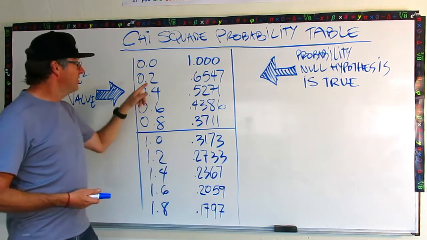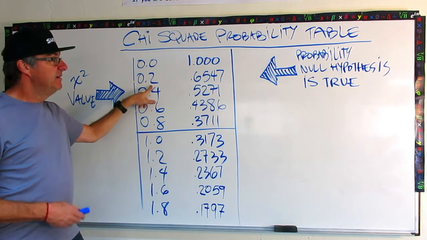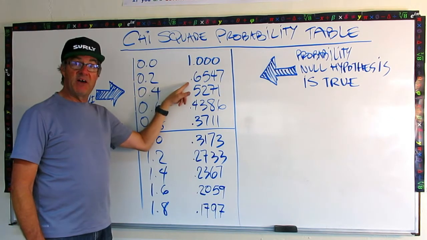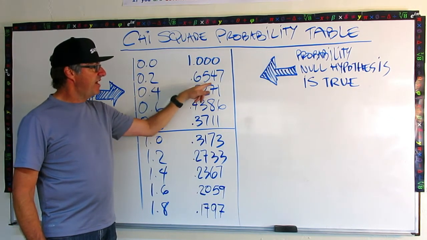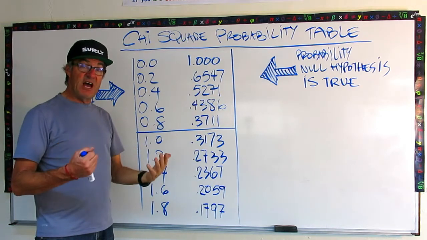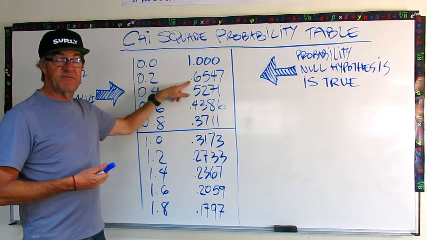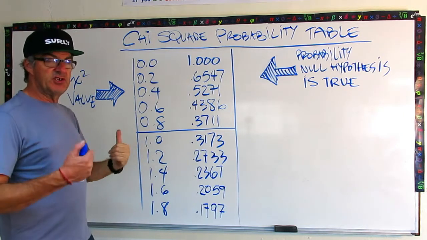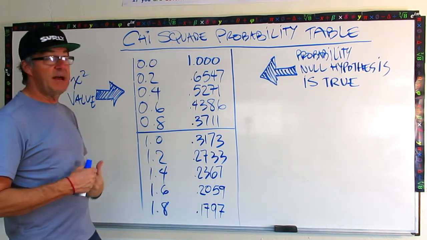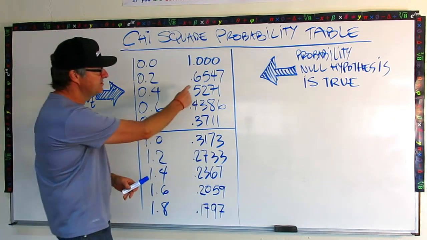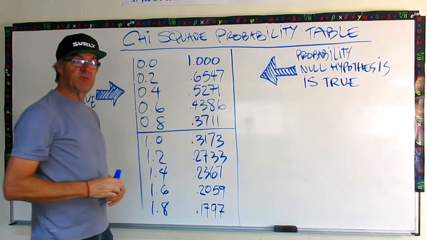Okay? If you get a chi-square of 0.2, then the probability that your null hypothesis is true is 0.6547, or 65.47%. Remember, percents are written as decimals if they're actual numbers. If you want to turn the number into a percentage, you multiply by 100, which is the same as moving the decimal 2 places. Okay?